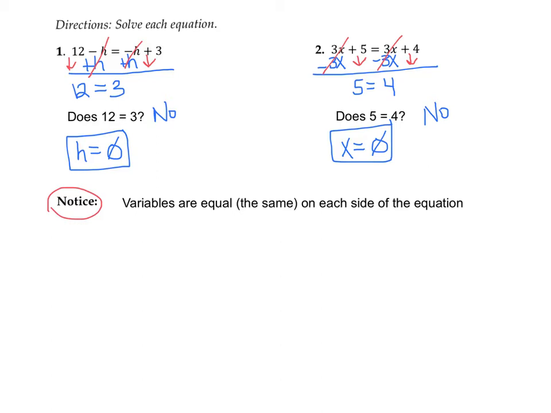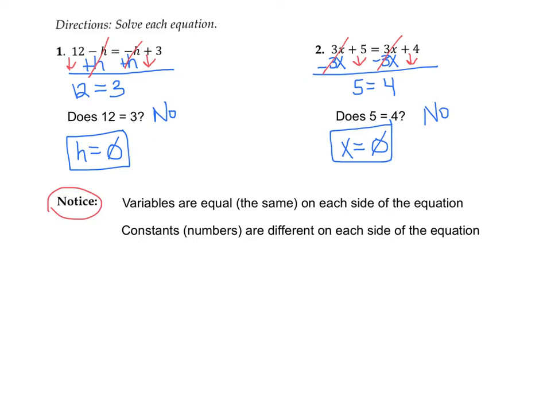Now let's look at the constants. We have 12 and 3 in number 1, and we have 5 and 4 in number 2. So we notice our constants, our numbers, are different on each side of the equation.